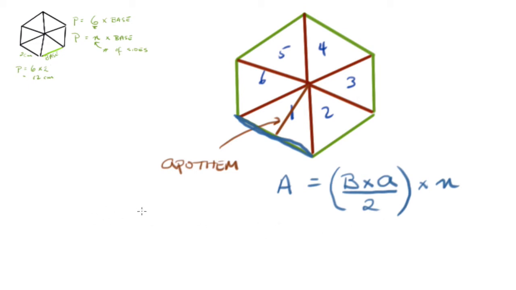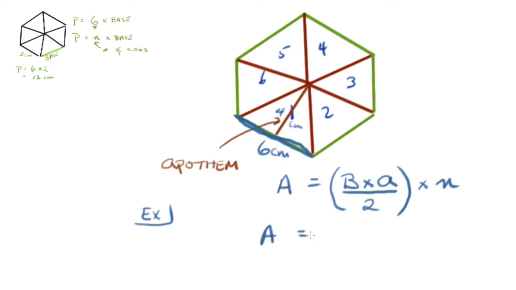So if we want to do an example, we can say that this has a base length of 6 and an apothem of 4. Let's make these centimeters.